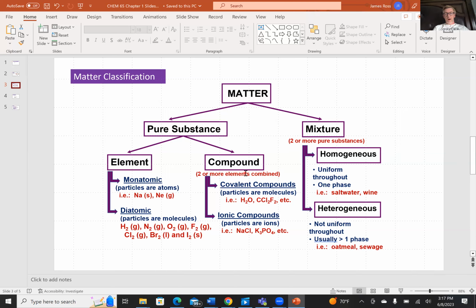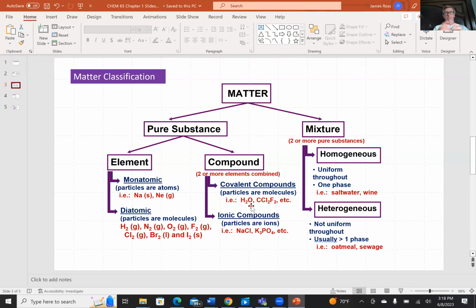On the other hand, a compound can be pure, but it itself is a combination of 2 or more different types of elements. For example, water, the symbol H2O, means there are 2 hydrogen atoms and 1 oxygen. There are 2 different types, hydrogen and oxygen. Although they're different, they've come together to form a unique form of matter, a water molecule or water compound.